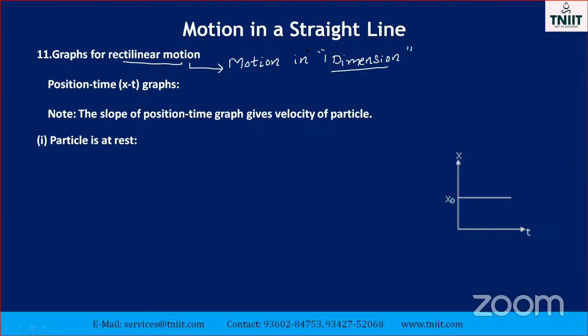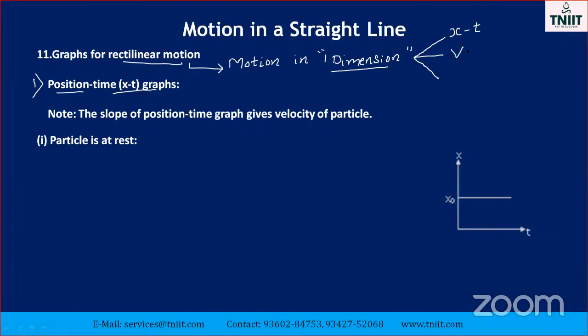Now, in order to represent rectilinear motion with graphs, we have three types of graphs. The first one is the position-time graph, that is the x-t graph.